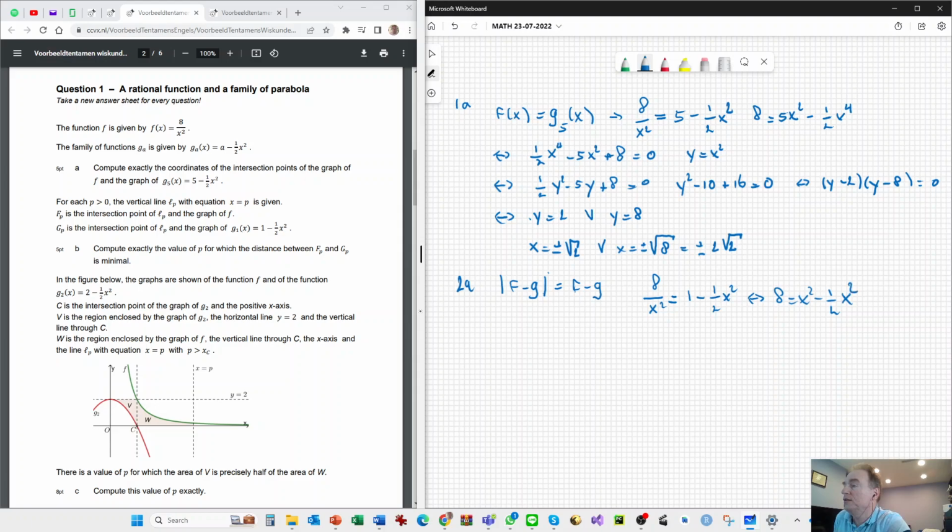Get this, x squared minus x to the power 4. So you get plus 1/2 x to the power 4 minus x squared plus 8 is 0.